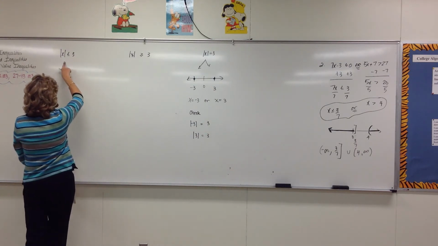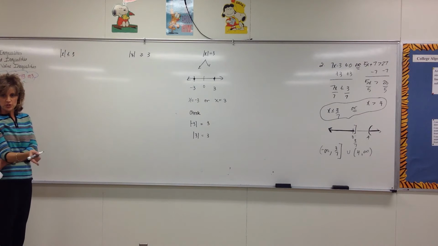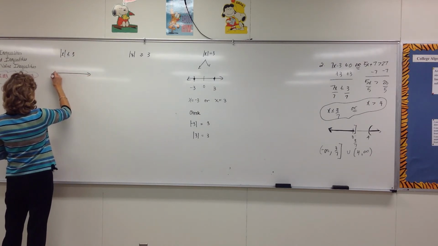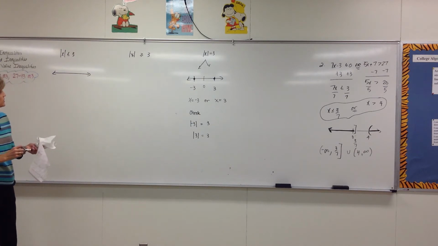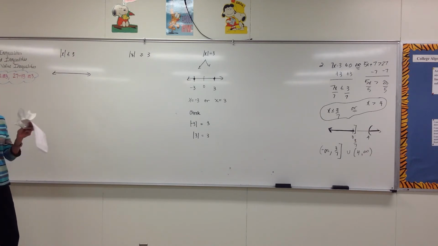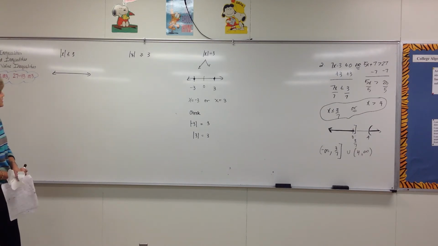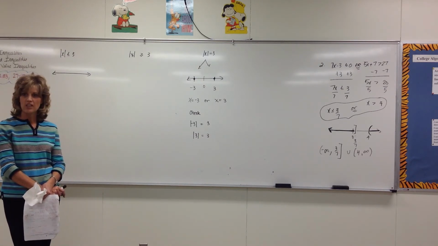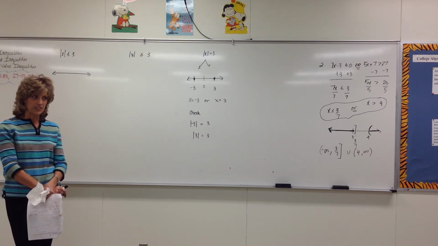Now, do this. On this one right here, I want you to draw a picture on your notes on a number line. And this problem says, find all numbers whose distance from 0 is either exactly 3 or less. Draw a picture on your notes of what that would look like if your distance from 0 is either exactly 3 or less than 3.